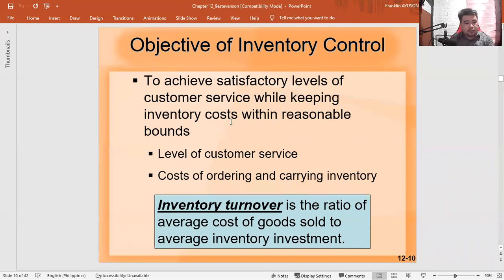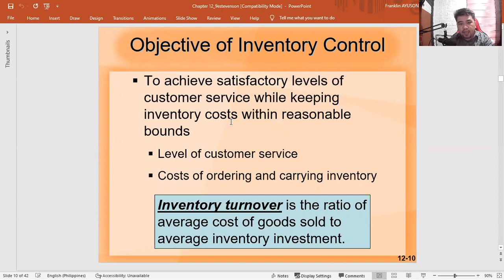So now, with that, we'll take a look at one of the basic accounting terms or accounting ratios: inventory turnover ratio, or inventory turnover. It's actually a ratio of the average cost of goods sold to the average inventory investment.